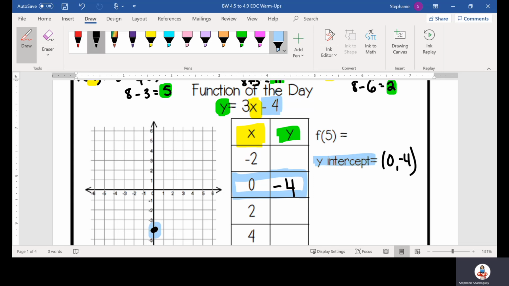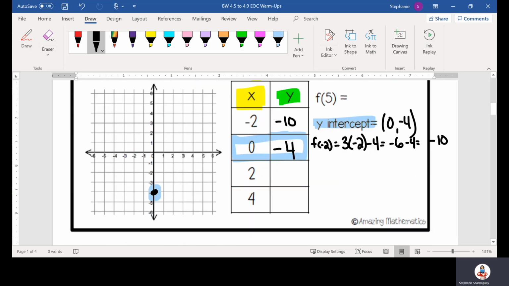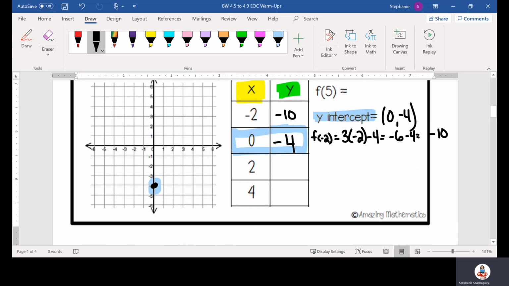All right, now let's go ahead and find f of -2. So that's going to equal 3 multiplied by -2 minus 4, which is equal to -6 minus 4, which is equal to -10. -2, -10. Don't think it's going to fit on this graph, so I'm going to leave it alone.